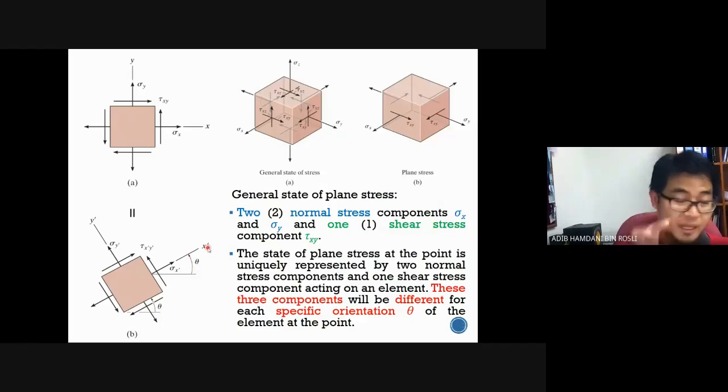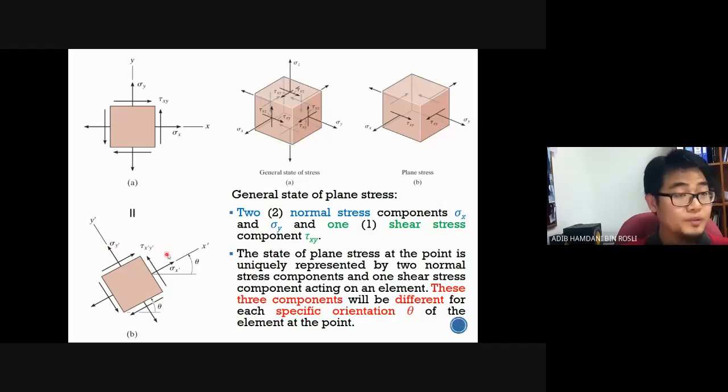So if you have x, y like this, then theta is zero, okay? But you can rotate that and you have actually the same state of stress. It's just that the values will be different. The rotated one is the same actually. They're equivalent. I'm not saying the values are the same. Sigma x prime, sigma y prime won't be the same.